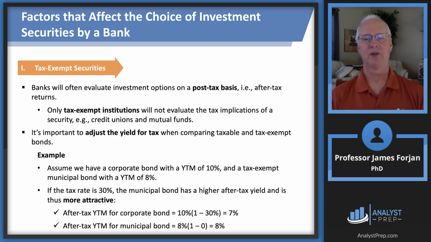So the after-tax yield to maturity on the corporate bond is only 7%, while it remains at 8%. So what appears to be a superior corporate bond on first glance is in fact an inferior after-tax evaluation when compared to a municipal bond.